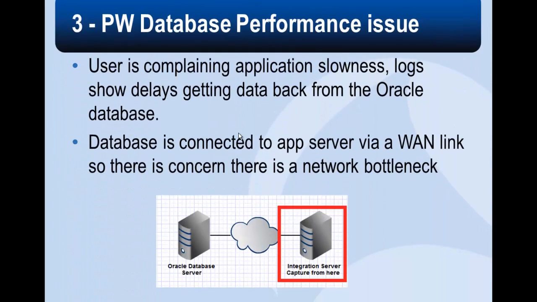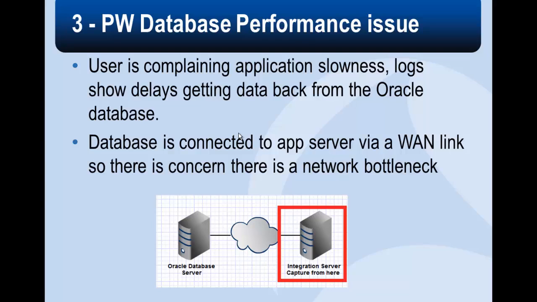So on to the next issue, and this is a database performance issue. We have a user complaining about application slowness, and the logs show delays getting data back from an Oracle server. Now, when I hear application slowness from the database, I don't immediately think let's use Wireshark. But in this particular case, this database connection was coming across a WAN link.